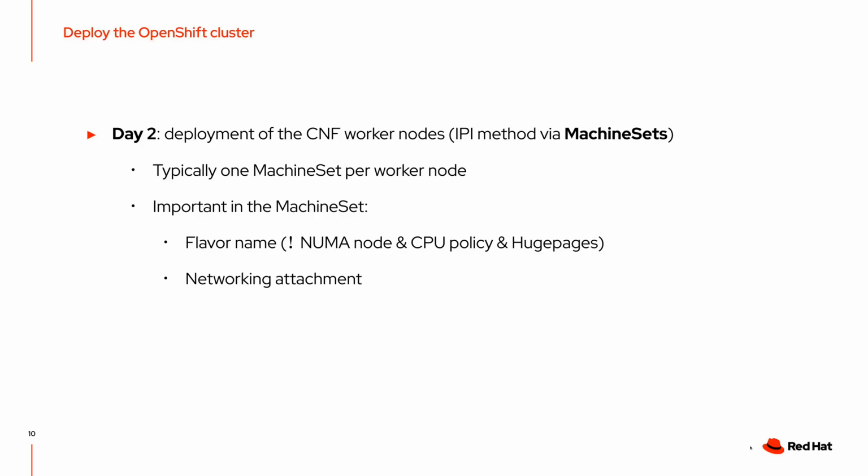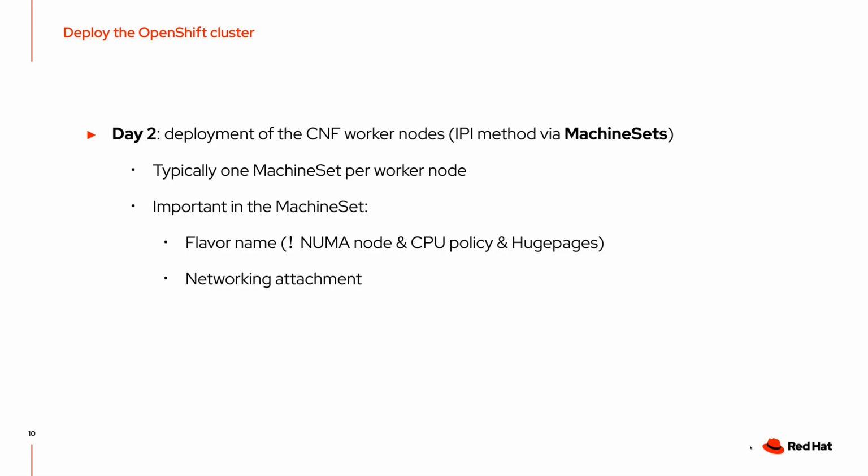The next step is to deploy the CNF worker nodes. In the demo, we will use the IPI method using machine sets. Typically, you will want to create a machine set per worker node, so you can fine-tune the configuration of the workers. For example, if a specific worker has a flavor with a NUMA node or CPU policy or a specific number of huge pages, then you will want to use that flavor for this machine set.